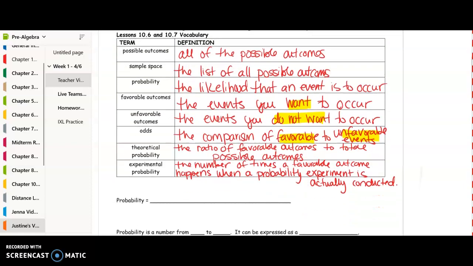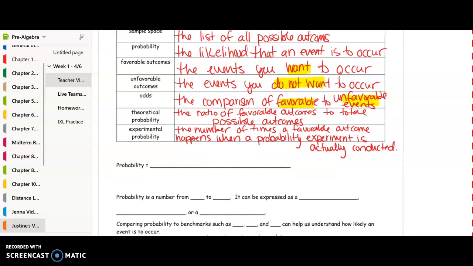If we look down at probability, we already said it's the likelihood that an event is to occur. So when we're trying to find the probability, we want what we want to occur over the total possible outcomes. Probability is a number from 0 to 1.